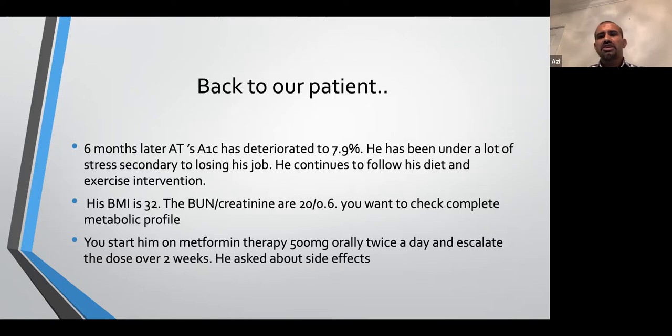We now start the patient on metformin therapy as he has failed lifestyle, 500 milligrams twice a day. Over 2 to 4 weeks, we adjust according to his postprandial glucose level and fasting plasma glucose levels, the log he keeps, given through diabetes education. The patient wants to know about side effects. Important things. Next slide, please.